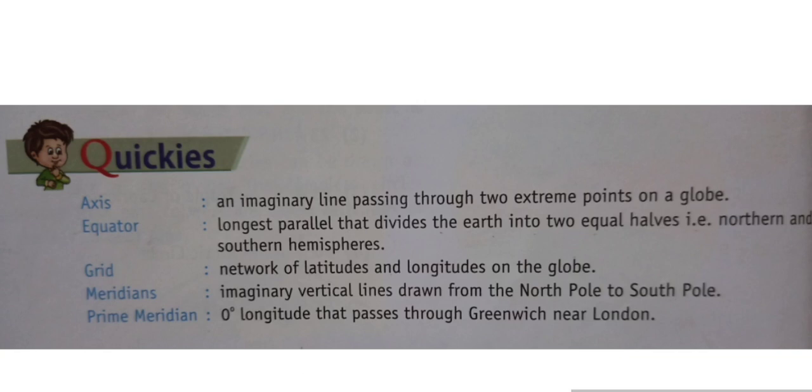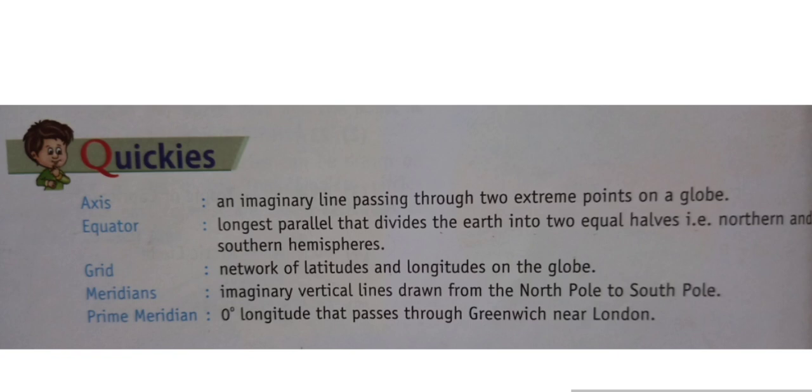There are some new and difficult words in the chapter. Let us see these words and their meanings in the section Quickies. Axis: an imaginary line passing through two extreme points on a globe.